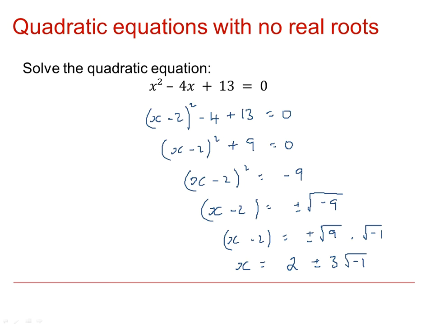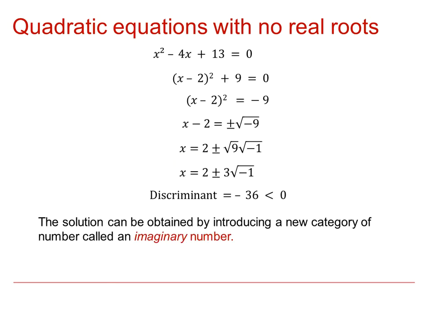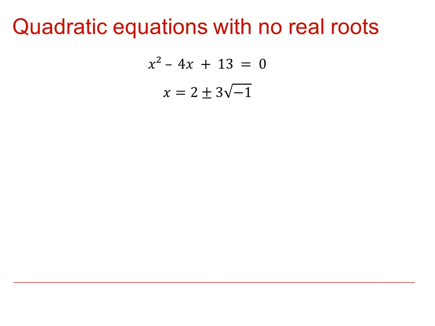However, if we allow the square root of minus 1 to exist by introducing a new type of number called imaginary numbers, which we represent by i, then we can say that we have got two roots which are 2 plus or minus 3 times i.